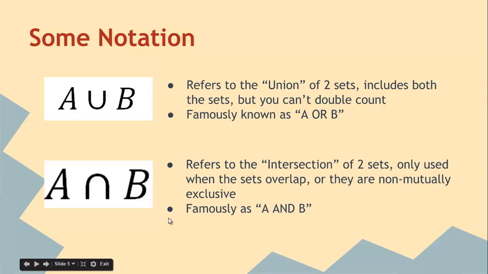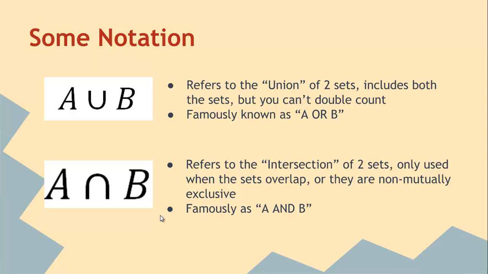A little bit of notation. When we see a U like this, with two sets, A and B, so football and soccer, union means both of the sets combined. So we would say OR is union. It includes both sets, but it doesn't double count anybody.